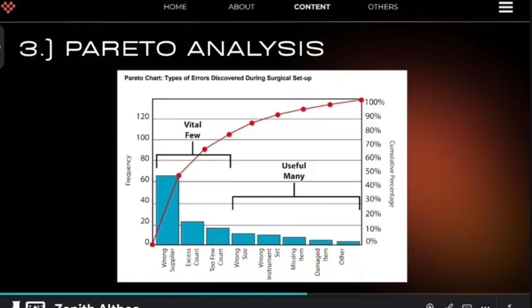By using the Pareto analysis, the company focuses first on the late delivery, the 70 complaints, because it causes the majority of the complaints. So 70 out of 100 complaints is because of late delivery. This helps the company prioritize which problem to fix first.